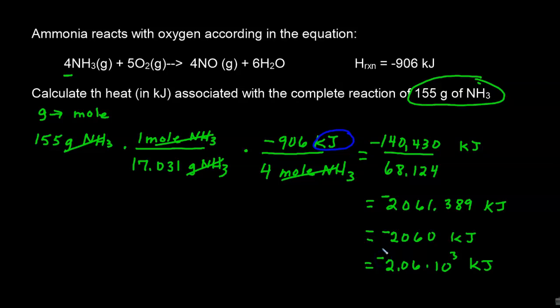And so if you go back to what we discussed prior, the question is, is that an endothermic or an exothermic reaction? If you'll remember, a negative means the system gave off energy. So this is an exothermic reaction.